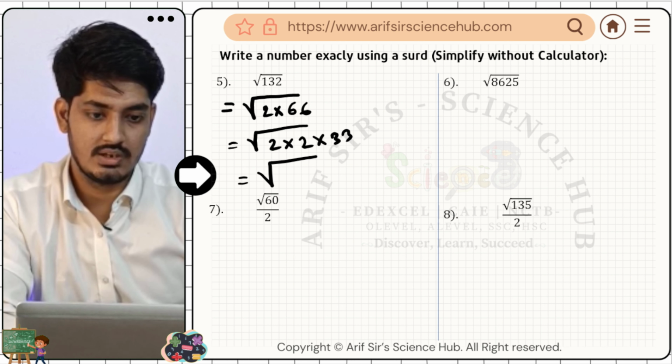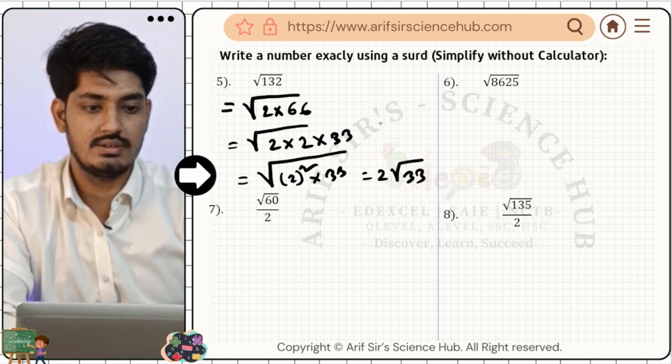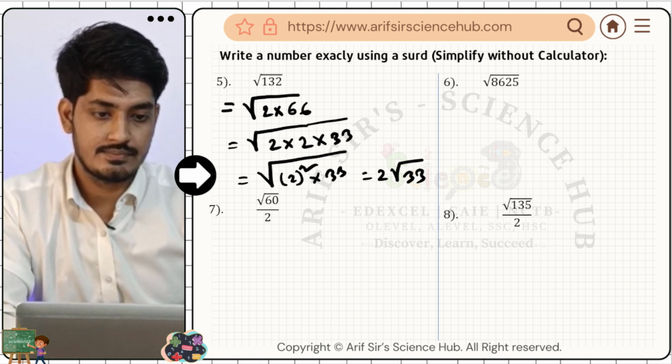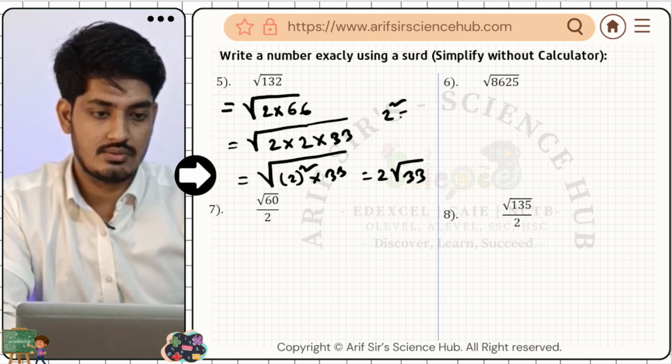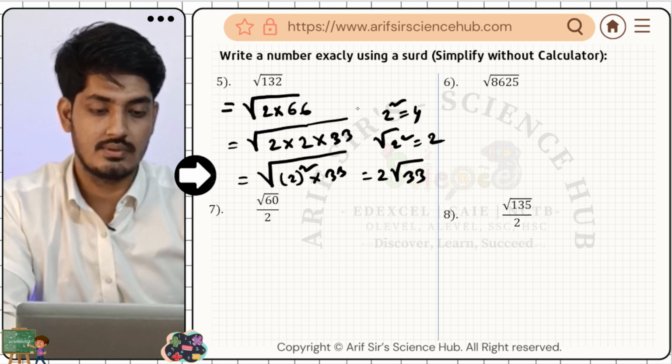That means 2 squared into 33. So it should be 2 square root 33. Here 2 squared is equal to 4 and square root of 2 squared is equal to 2. Okay, so that's the answer.